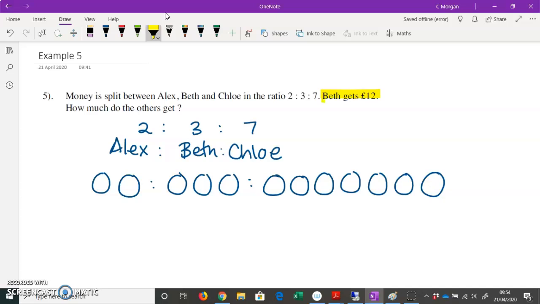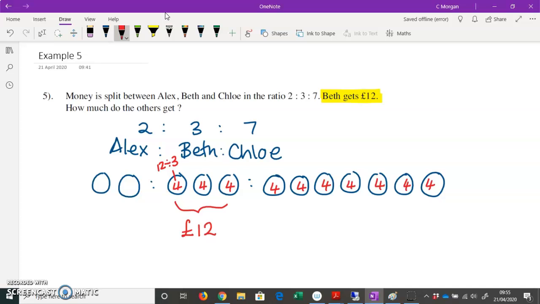It tells me that Beth gets £12. So I can see that Beth's 3 parts are worth £12. So if I do 12 divided equally into 3 parts, I get 4, and that has to go in every single bubble in my ratio.